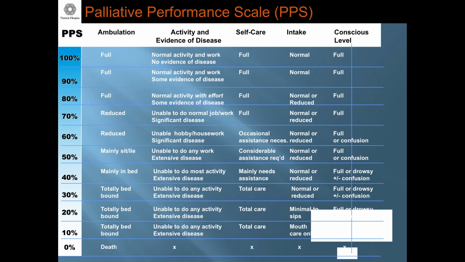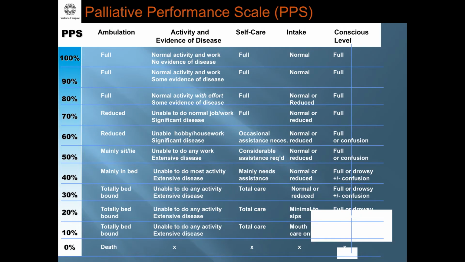The next big transition, I would say, was from 60 to 50. From 80 to 60, you're sort of around the house, you're doing things that you want to do, catching up a little bit around the house, maybe taking a lot more naps. But from about 50 onwards, you really can't do much work.